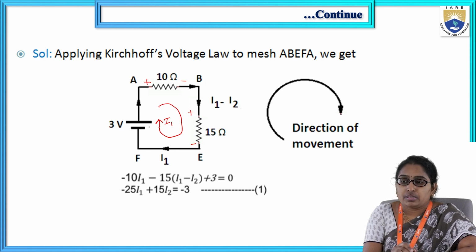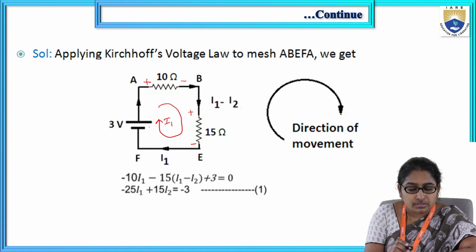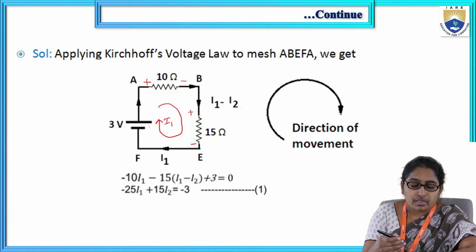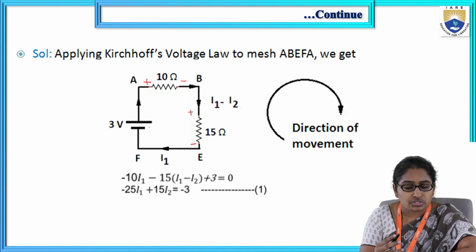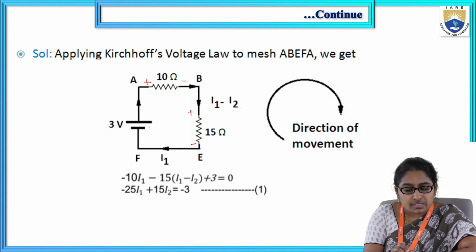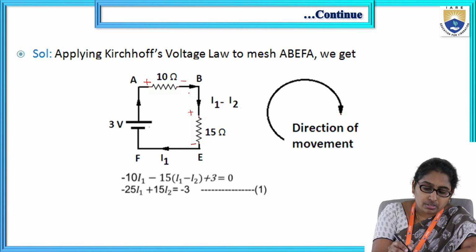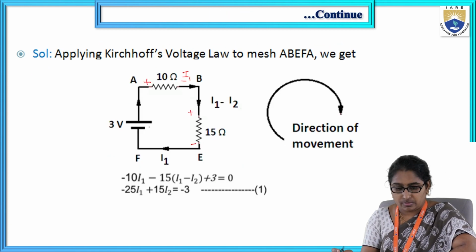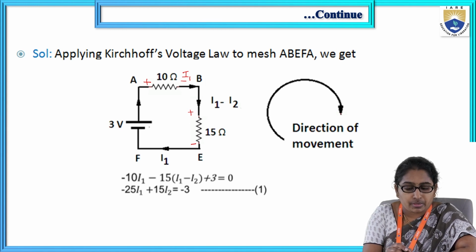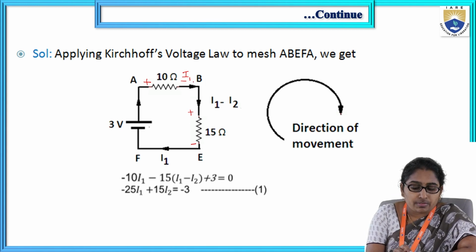Here there is no need to mention the mesh currents actually. We have the currents based on KCL. So in 10 ohm we have I1, then in 15 ohm we have I1 minus I2, and here I1.